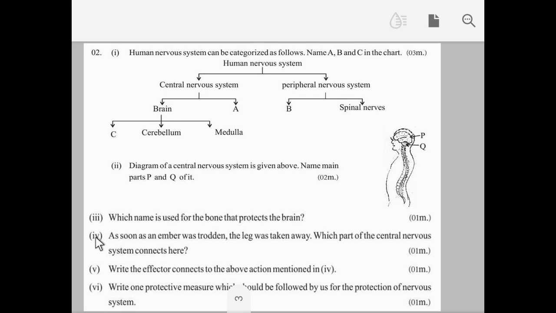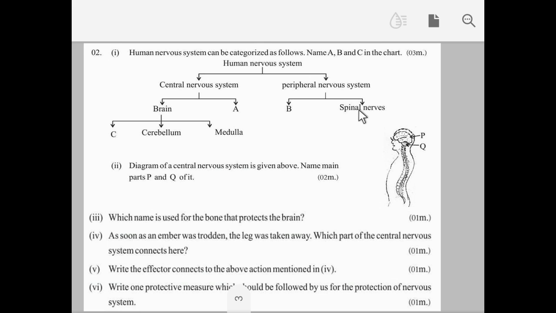Fourth one, as soon as an ember was trodden on, the leg was taken away. Which part of the central nervous system connects here?